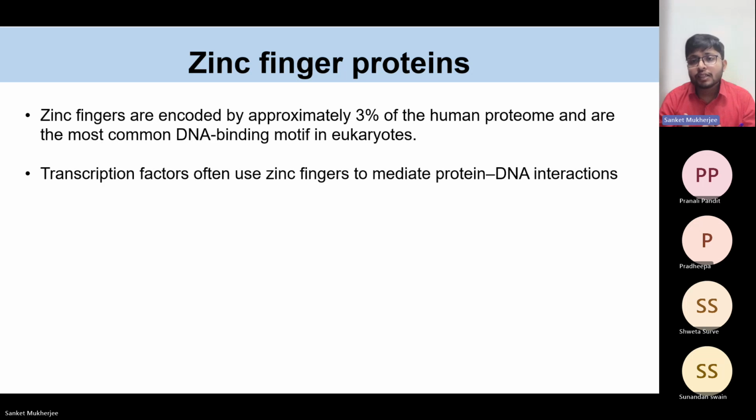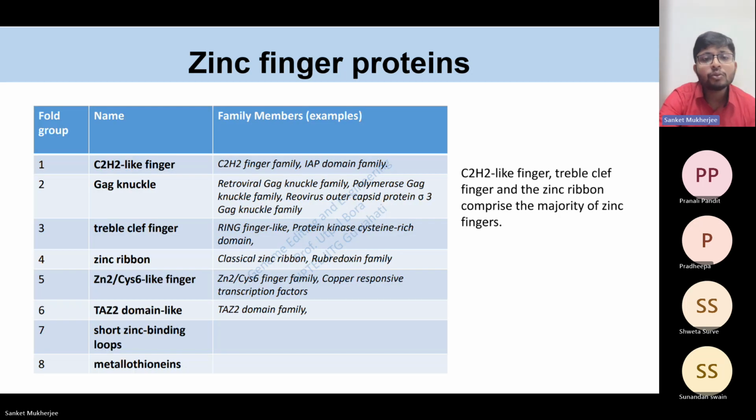Transcription factors often use zinc fingers to mediate protein-DNA interactions. We'll see what zinc fingers look like. Before that, among zinc fingers there are multiple kinds, like the C2H2 family, then gag knuckle, trebleclef finger, zinc ribbon, and similarly there are many families of zinc finger proteins.